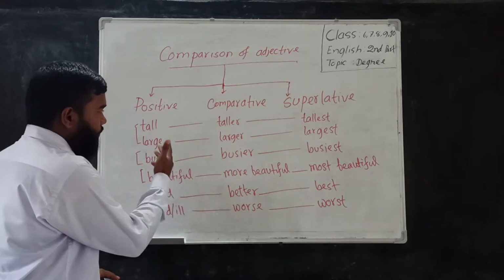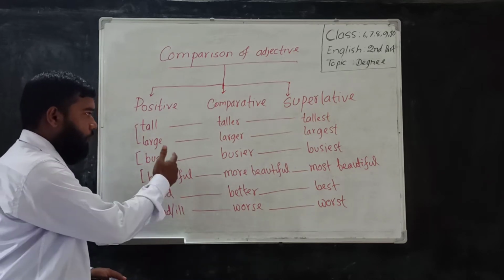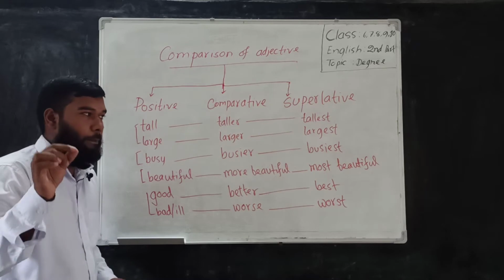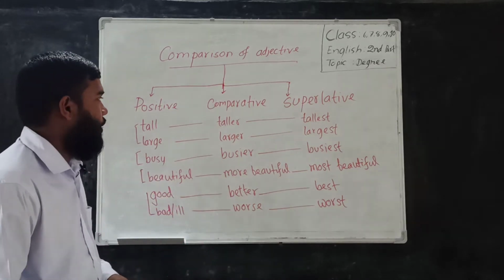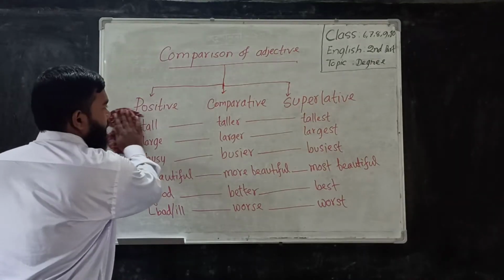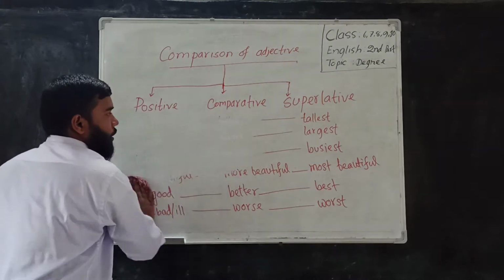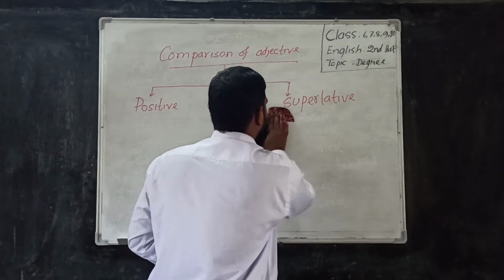So if you can understand these types of changing of these words, you can make every word into comparative and superlative. Okay, dear students, we will need them for changing positive to comparative, comparative to superlative, superlative to positive.